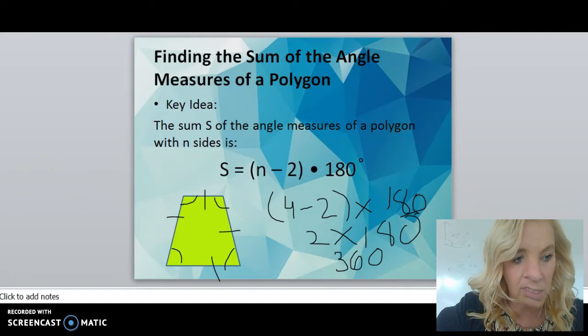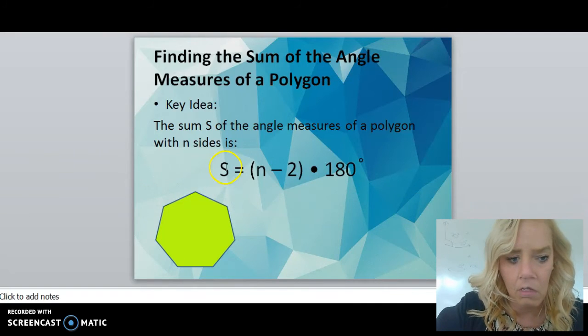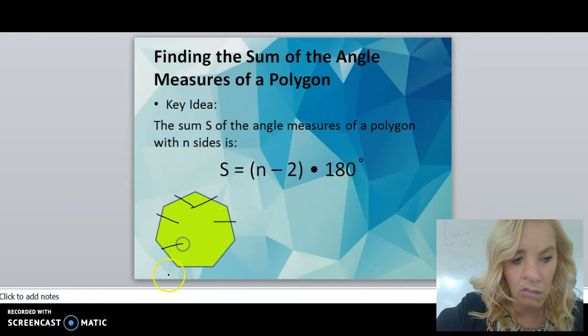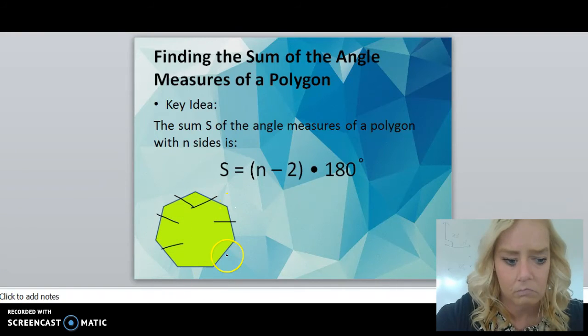Let's look at one more example. So again, the key idea is I'm going to count the number of sides. This polygon has 6 sides.